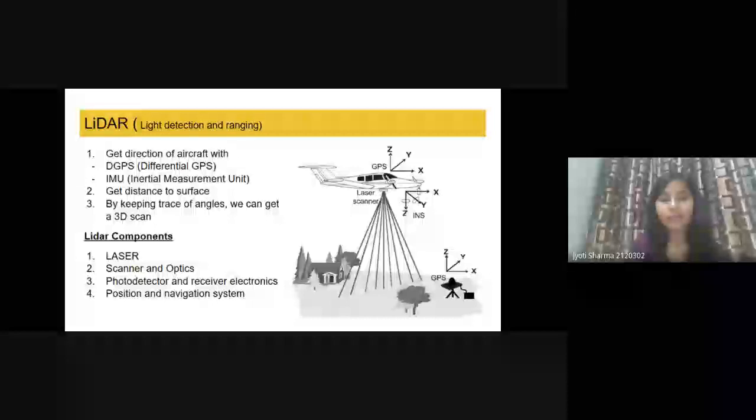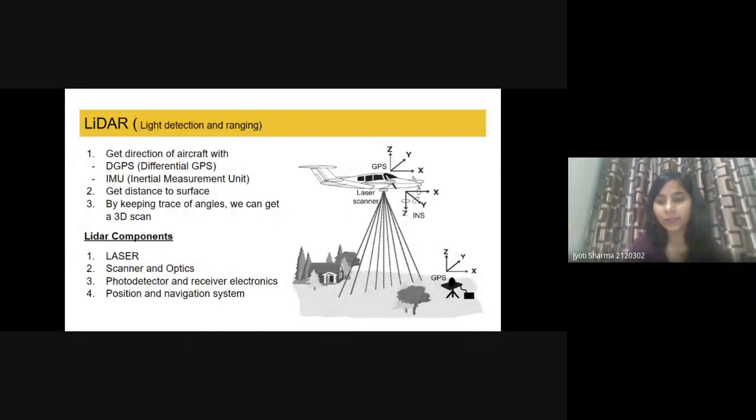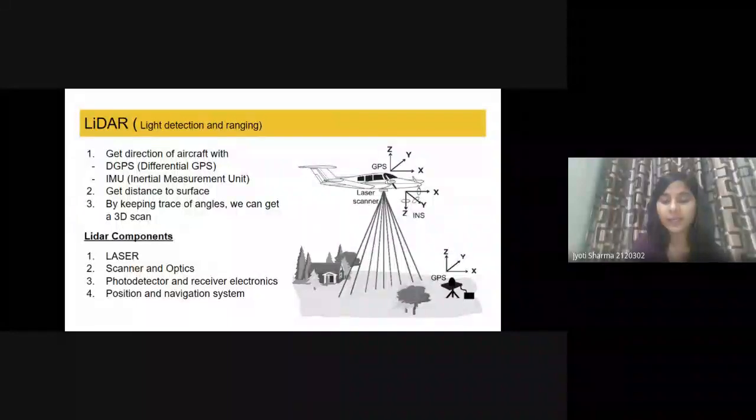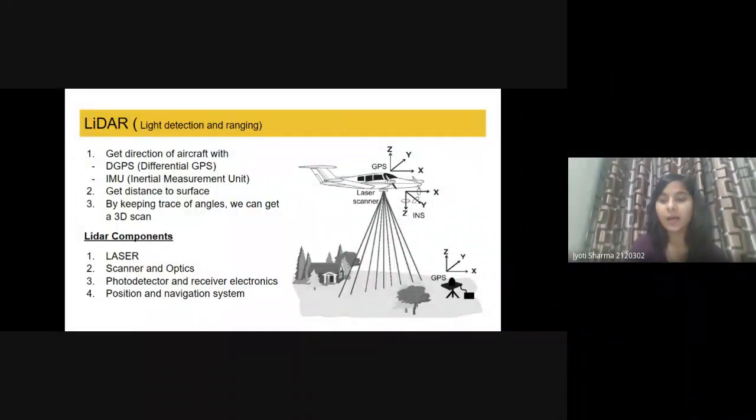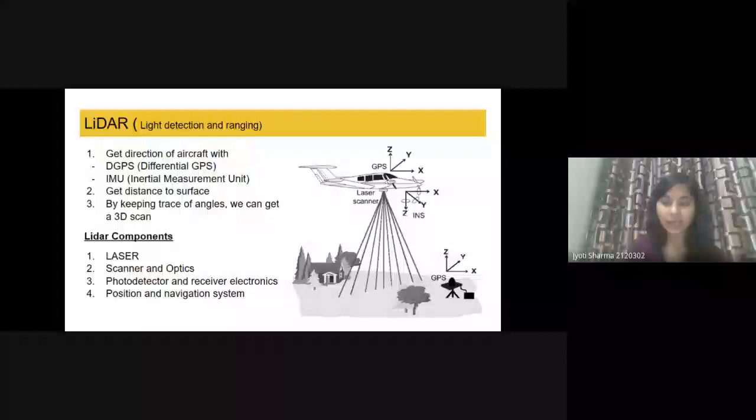After that, we can get the distance to the surface, just by speed equals distance upon time. Then because the aircraft is moving, the same object can be seen by the laser scanning at a different angle. So based on that, we can get the 3D scan.